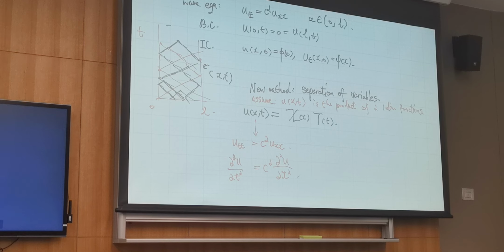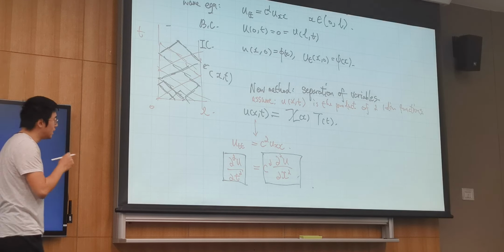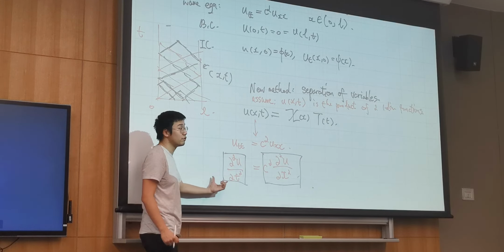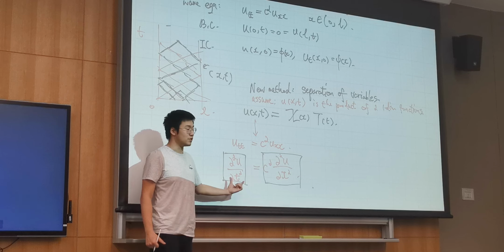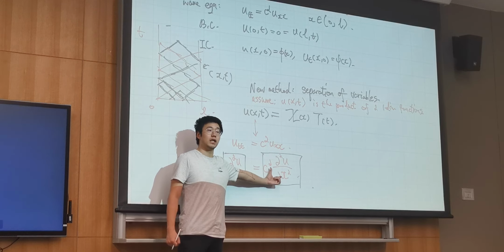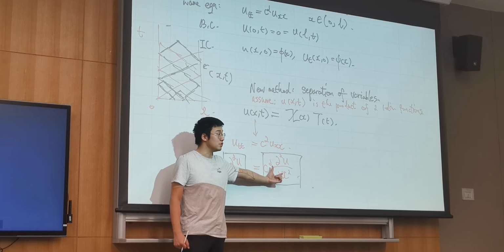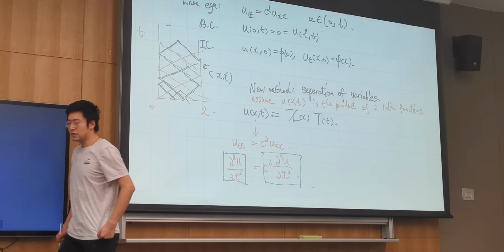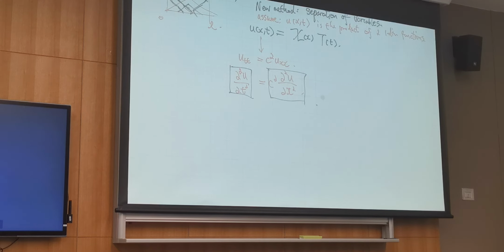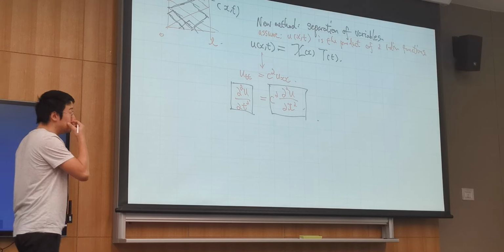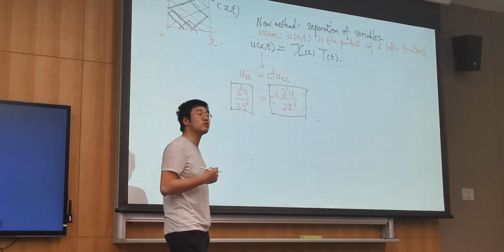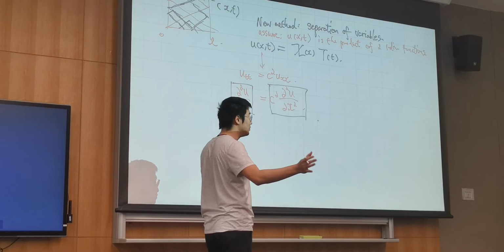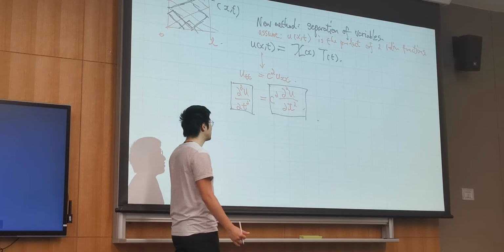What is the left-hand side, and what is the right-hand side? The left-hand side is a linear differential operator acting on u. The right-hand side is also a linear differential operator acting on u. So imagine my u is a vector, although it is not, u is a function, but imagine that it is a vector.